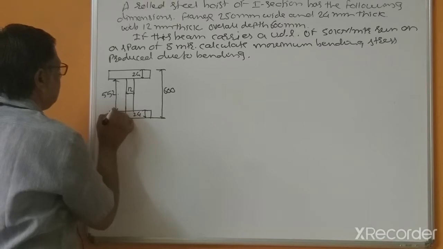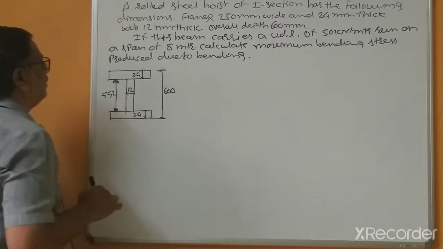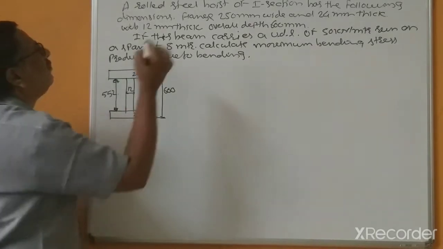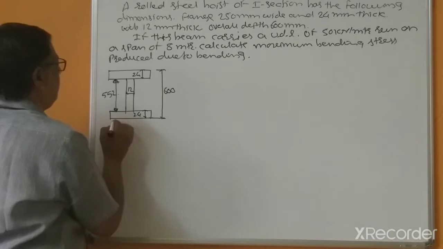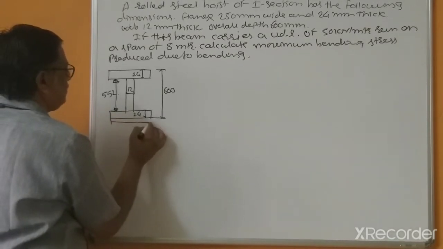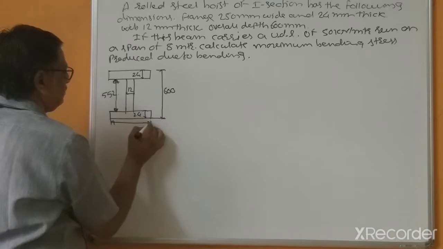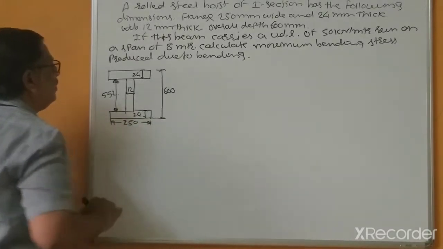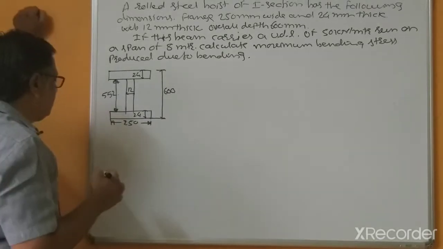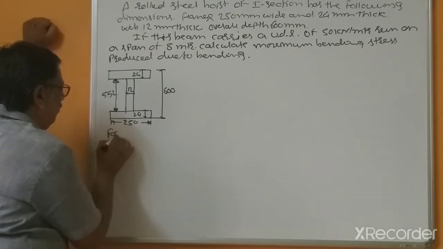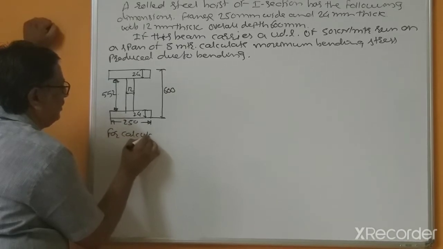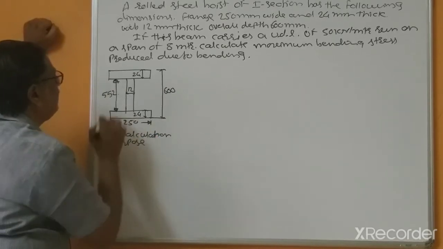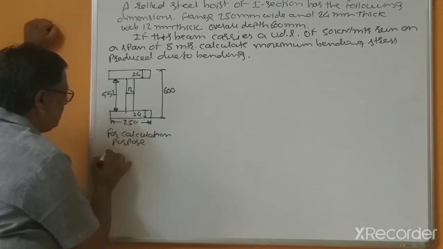Try to understand this dimension. The flange width is given 250. For calculation purposes, we can modify these dimensions.